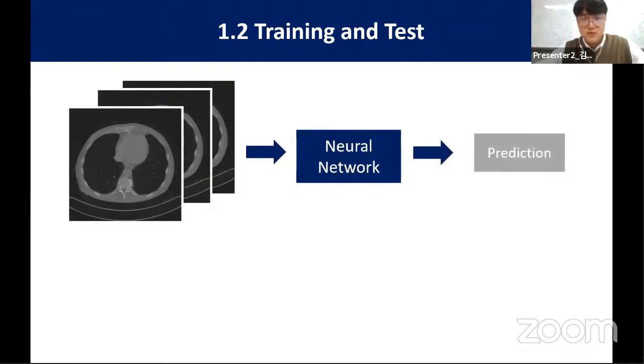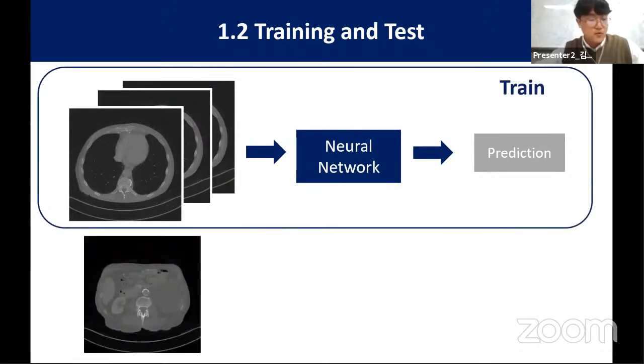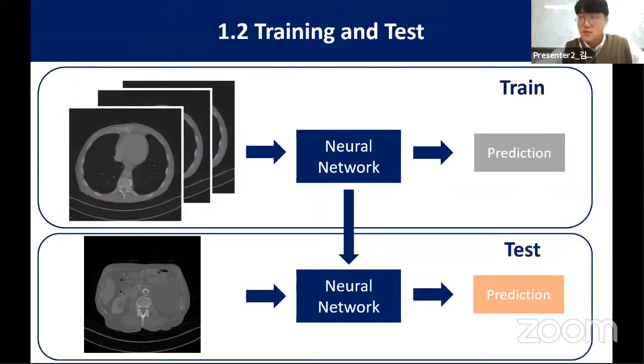This procedure is called training. Then, given a new data sample which is not included in the training data sets, so-called test data sets, we utilize the neural network from the training phase to estimate target information. This procedure is called the test. This pipeline of training and test phases is generally applied to deep learning based methods for medical imaging.